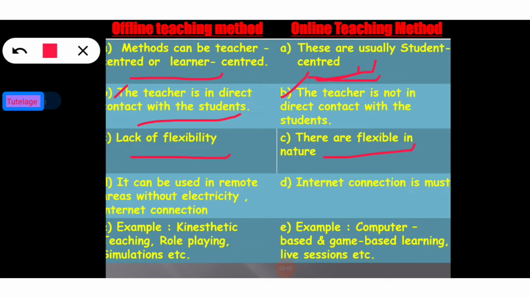Now going to the fourth difference. The offline teaching method can be used in remote areas without electricity and internet connection, but in the online teaching method an internet connection is a must. Basically all processes depend on the internet and on the computer. Without electricity and without internet connection, the online teaching method is impossible.